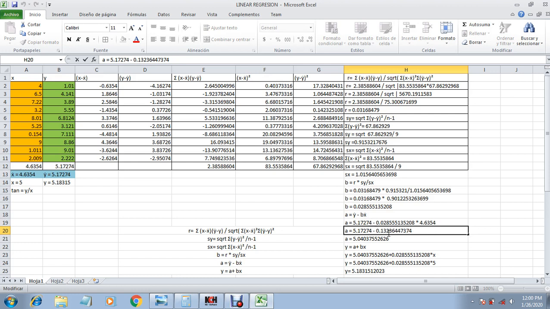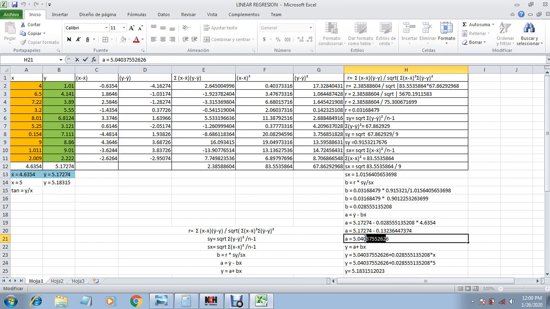We have this value, and then we subtract the mean of y minus the result of our multiplication, and then we have the value of a.